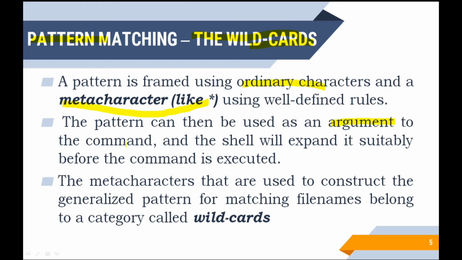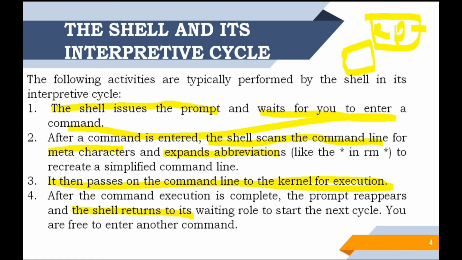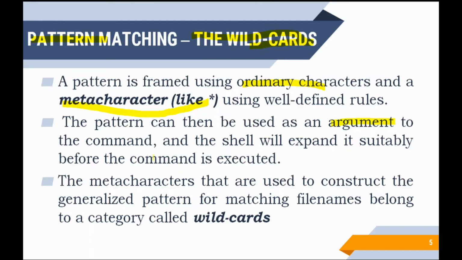Then that command will be given as an input to the shell. Then the shell is going to expand that command. In the previous slide we have seen the second step of the interpretive cycle of the shell. It is going to recreate one simplified command line which is not going to contain any meta characters, so that all substitution will be done by the shell there.